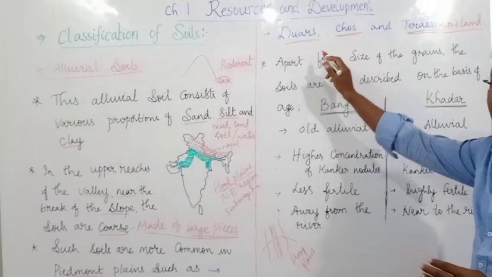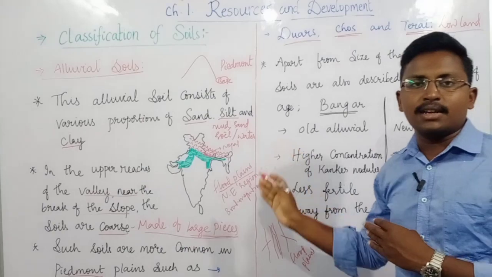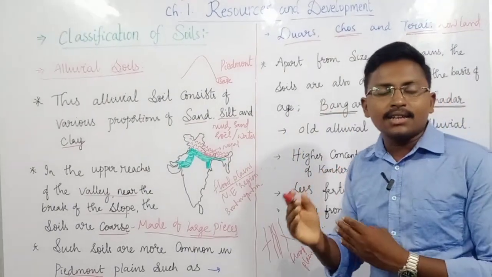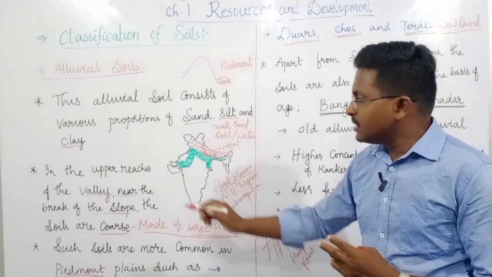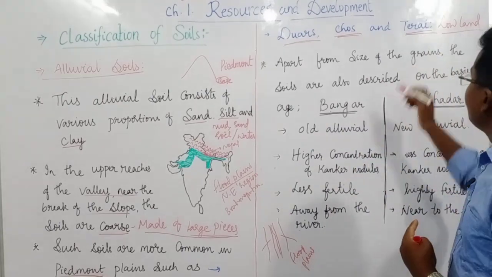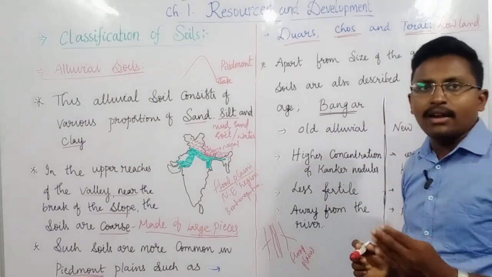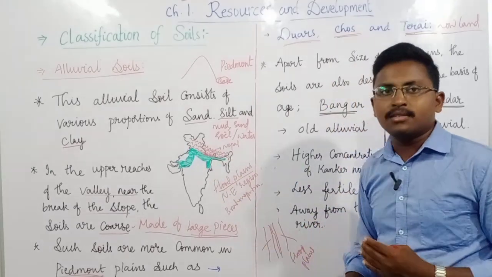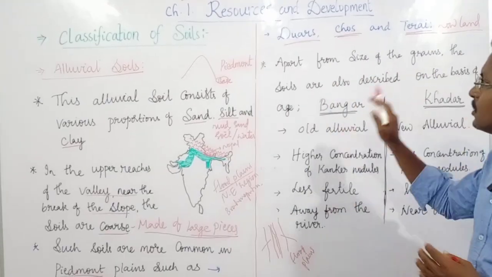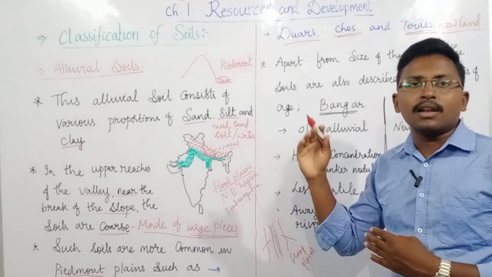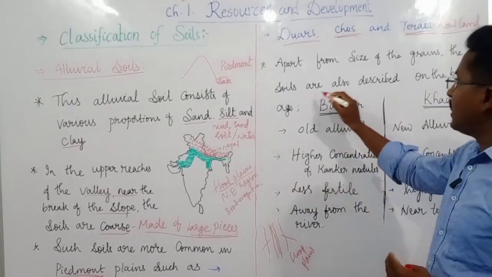So duars means floodplains of the northeastern region in the Brahmaputra river. Chos means the interconnection of different rivers near the Shivaliks, the southernmost Himalayas. And terai means the lowland found in the northern part of India and southern part of Nepal.